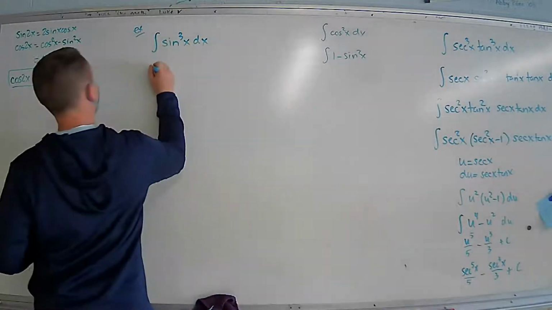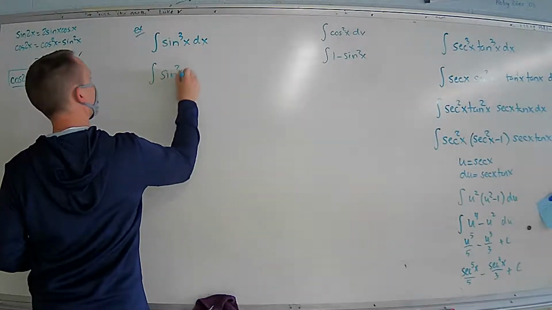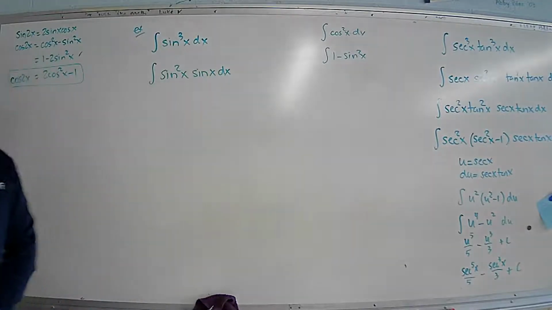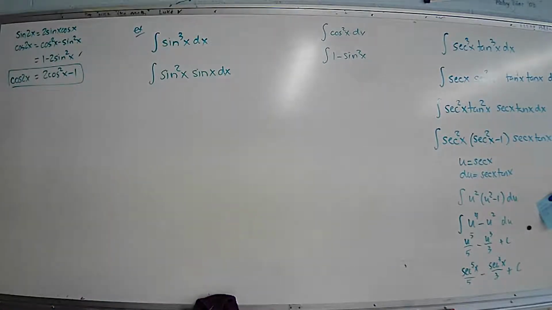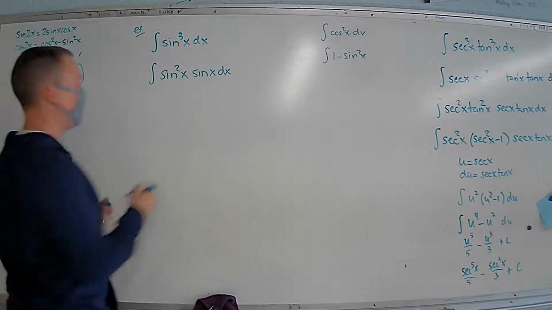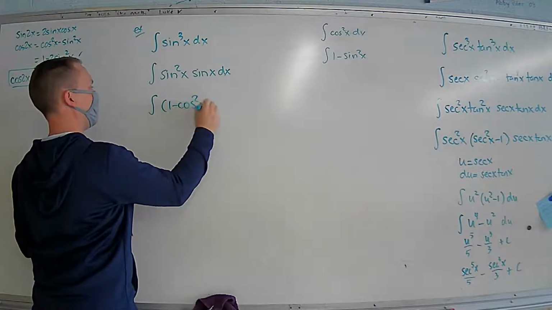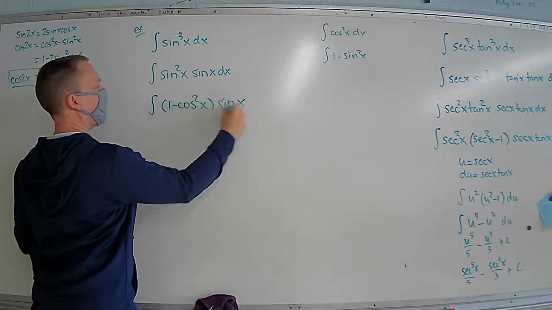Okay, so let's do that. See what happens. Now what do we do? Change sine squared to 1 minus cosine squared? Oh, look at that. And now I got a du hanging on the end.